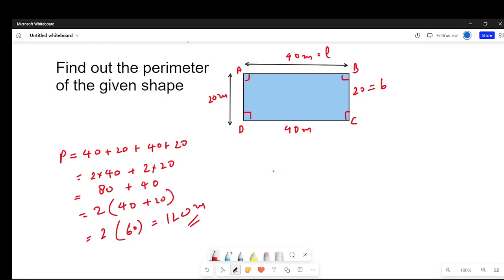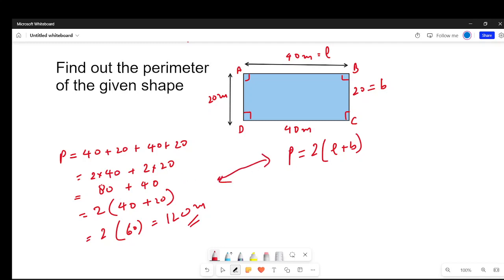Your floor, your roof, the ceiling where the ceiling fan is attached. Then you get more shapes like this. Clear? Then if you try to find the perimeter, you should take this formula: 2 into (L plus B).